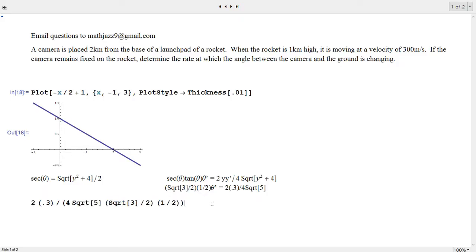And when I execute the code, I get 0.154919. This will be the rate of change of the angle, and it'll be in radians per second.